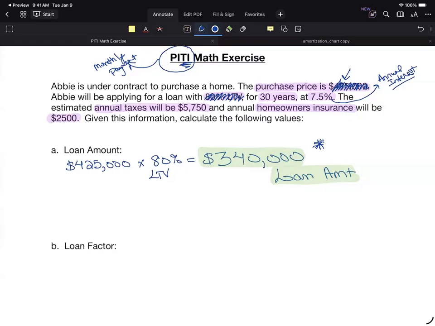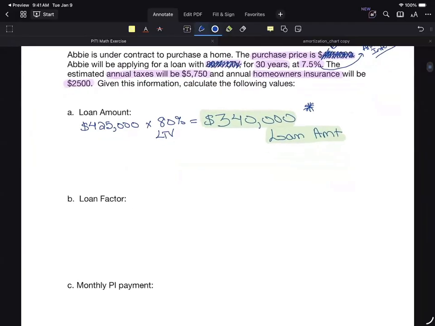You got this. All right, next we have the loan factor. Do you know what that means? Is that the remaining 20%?